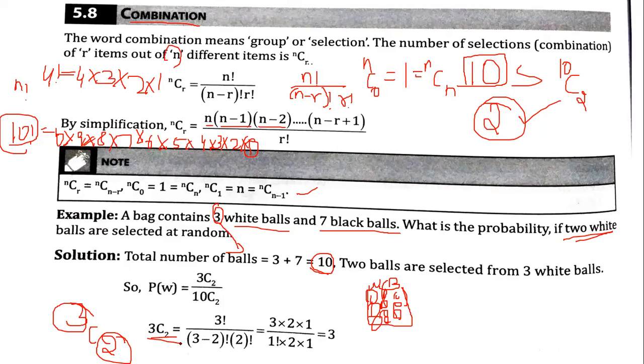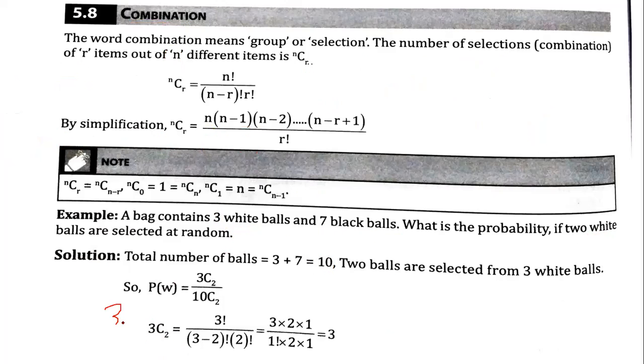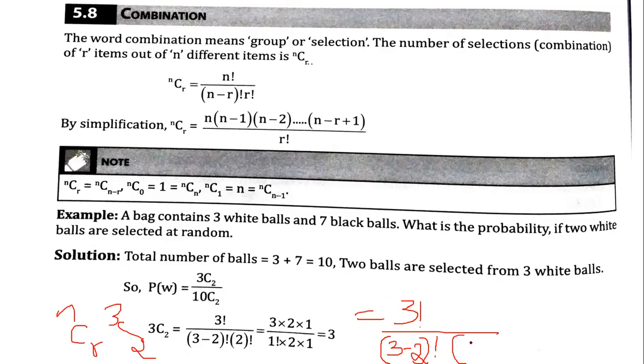Now, what is the formula for the combination? 3C2 is nothing but nCr, where n is 3 and r is 2. So n factorial, that is 3 factorial, divided by (n minus r) factorial, that is (3 minus 2) factorial, into r factorial, that is 2 factorial.